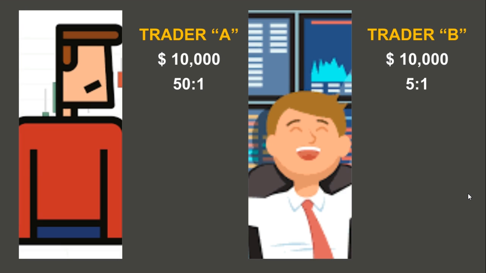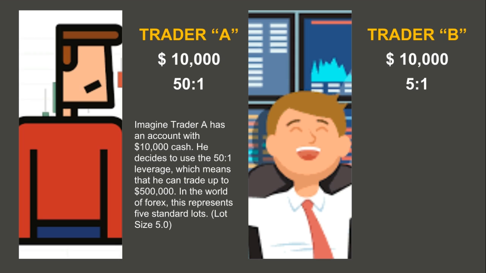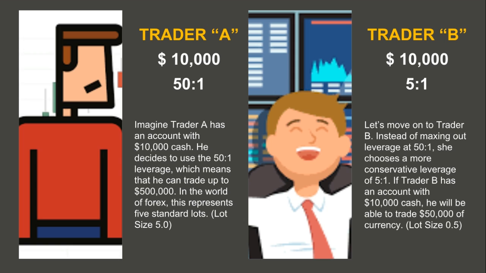Let me show an example. Two traders having the same account size and using different leverage. Trader A is using the maximum leverage of 50:1 which is provided by the broker. So he can trade up to 500,000 worth of lot size, and trader B is using only 5:1 leverage.